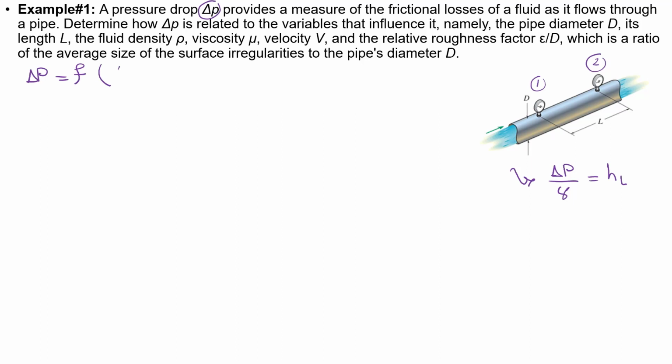The variables are diameter, length, fluid density, fluid viscosity, velocity, and relative roughness. In this example, relative roughness has been defined to us by epsilon divided by D, or you can write k_s over D. So we want to find this relationship between delta P that represents frictional losses and all the other variables, right?